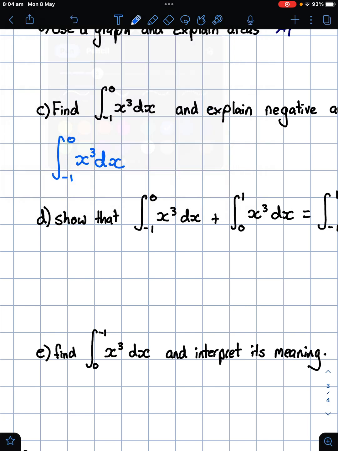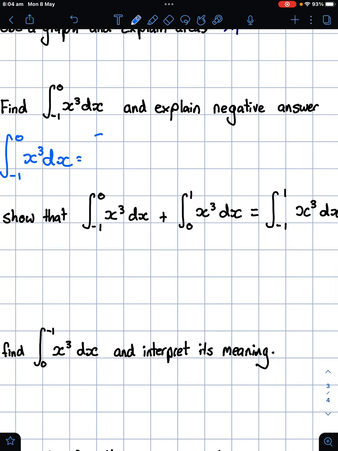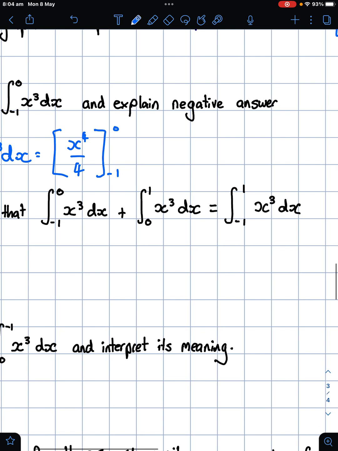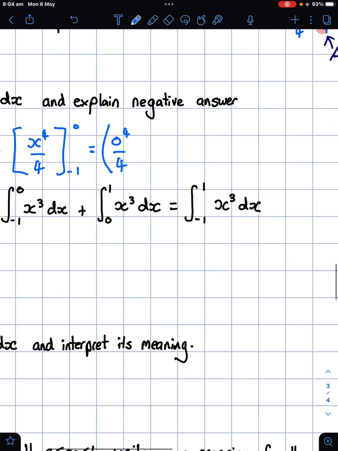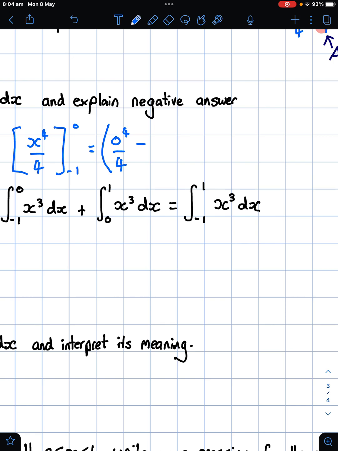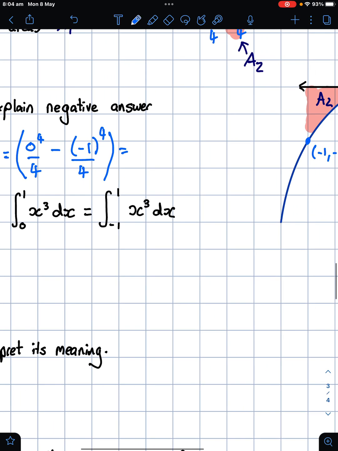So here, again, we've got x to the 4 over 4, and now we've got a top of 0 and a bottom of -1, which means our next step is 0 to the power of 4 as our upper bound, minus -1 to the power of 4 over 4. And this is going to give us 0 minus 1/4.